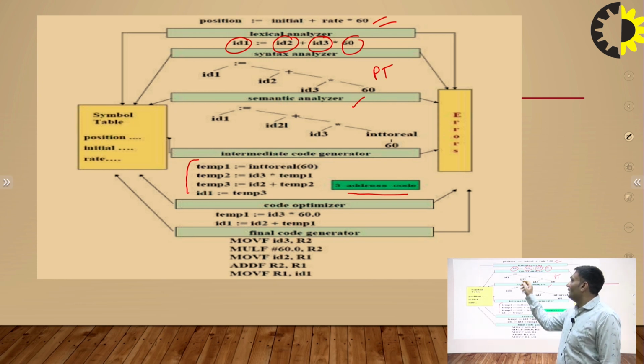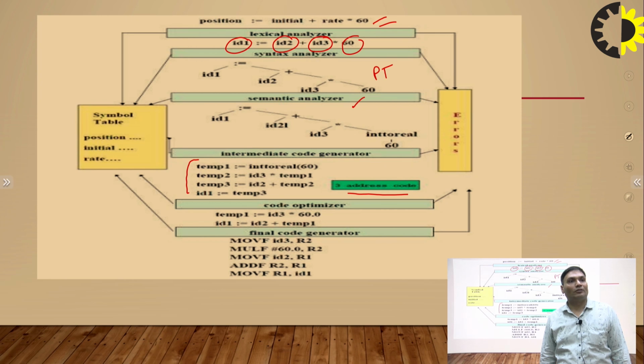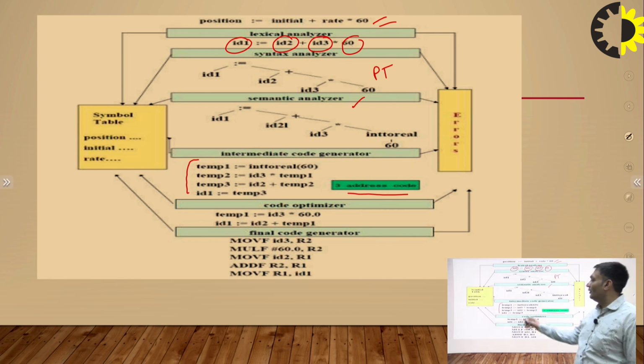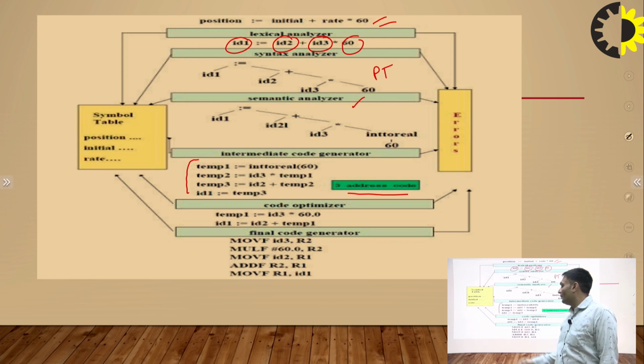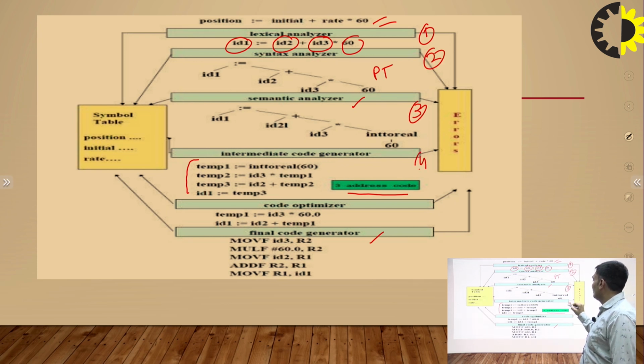The single instruction is converted into an intermediate code representation through the intermediate code generator, and then the code optimizer will utilize these instructions and further optimize the code, and the final code is generated by the code generator. In this way these 6 phases work: 1, 2, 3, 4, 5 and 6.